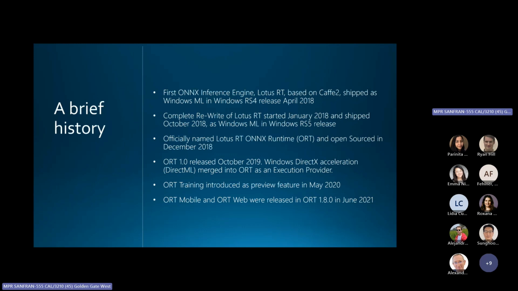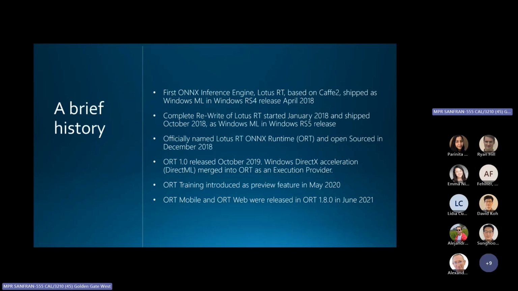For those who still remember the old days of the AI world, Caffe used to be a popular open source AI framework. Lotus RT was released in April 2018 as part of the Windows RS4 release. As soon as we hit code complete, towards the end of 2017, we started a complete rewrite of Lotus RT.